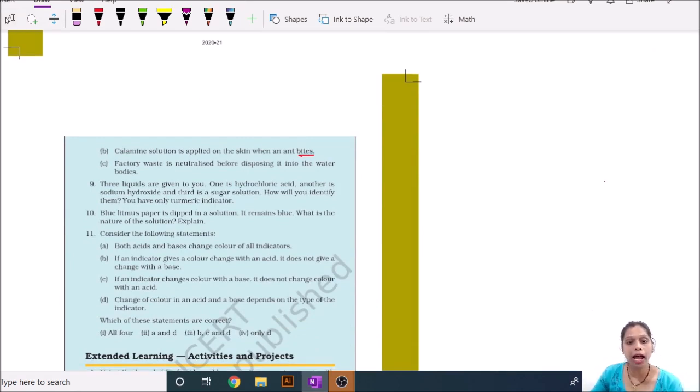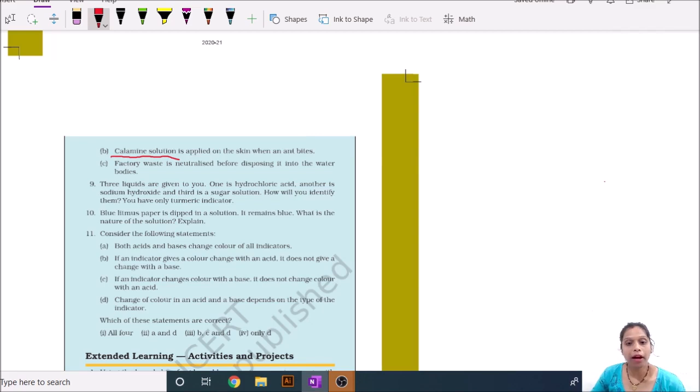Calamine solution is applied on the skin on an ant bite. Calamine solution is basic in character and gives instant relief by the process of neutralization. When an ant bites us, formic acid is injected in our body, and when we rub calamine solution there, it neutralizes the chemical effects and gives instant relief.